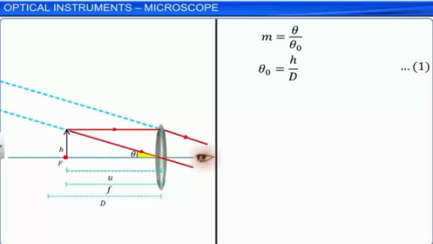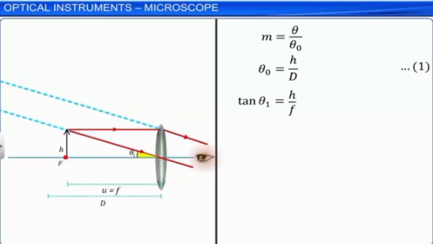When the simple microscope is set for normal adjustment, and the angle subtended by the image at the eye is theta 1, then tan theta 1 is equal to h by f, or theta 1 is equal to h by f. Let this be equation 2.